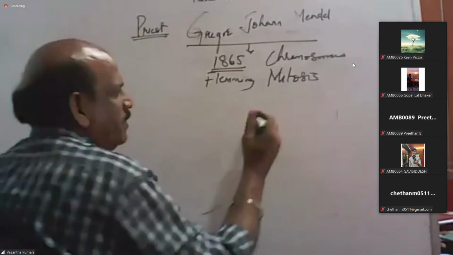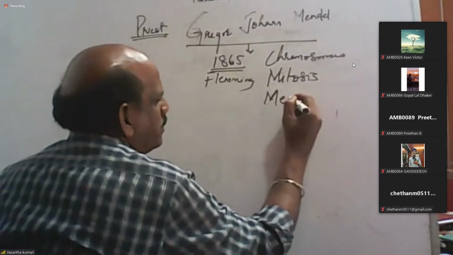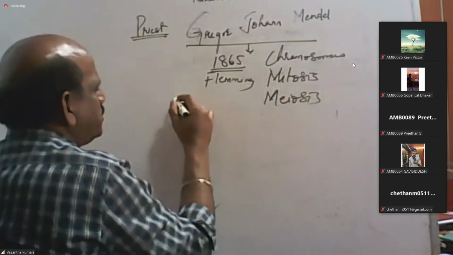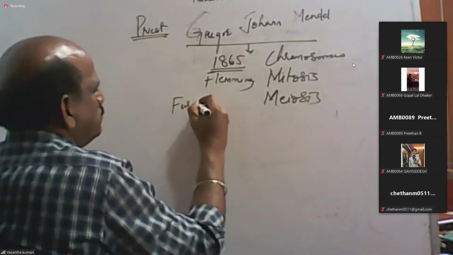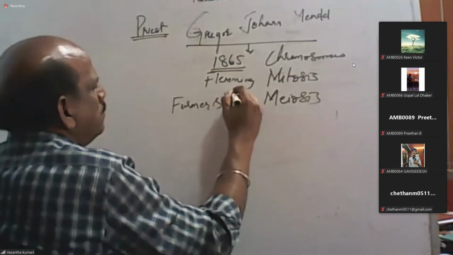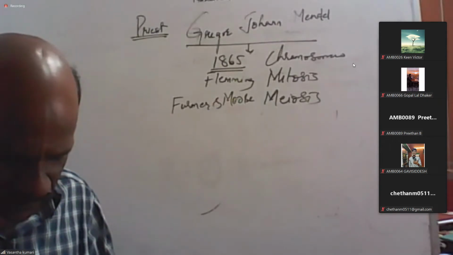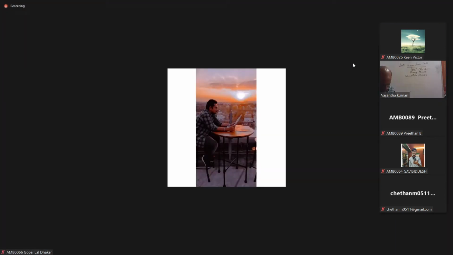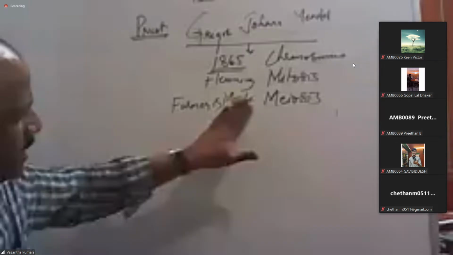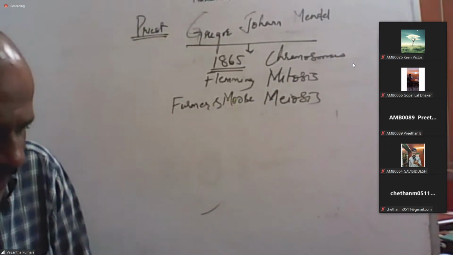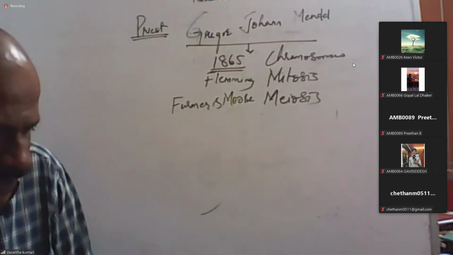Then meiosis. When was meiosis described? Who described meiosis? Farmer and Murray described meiosis. When was that? 1882 is mitosis, 1894 is meiosis.